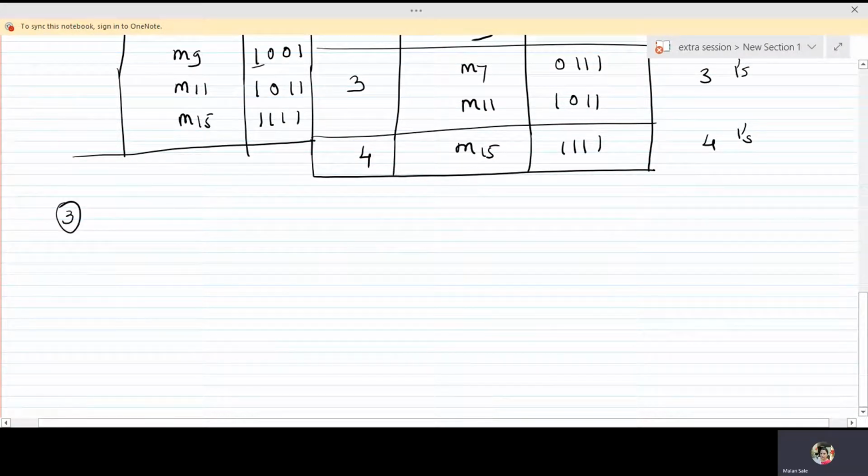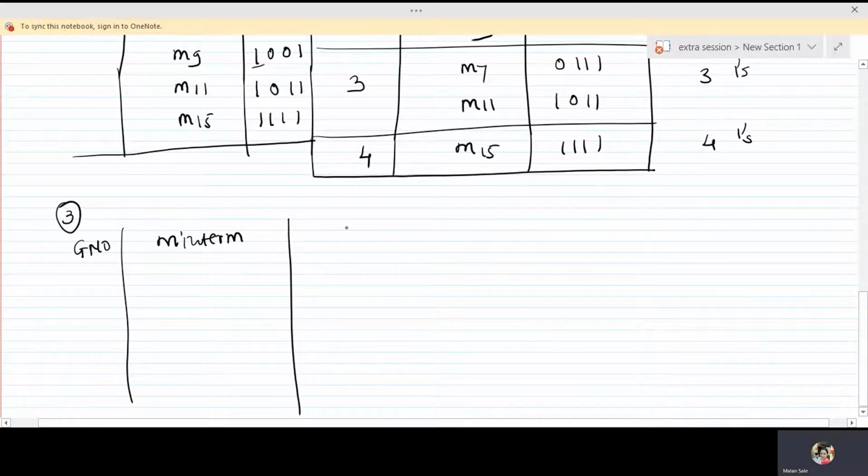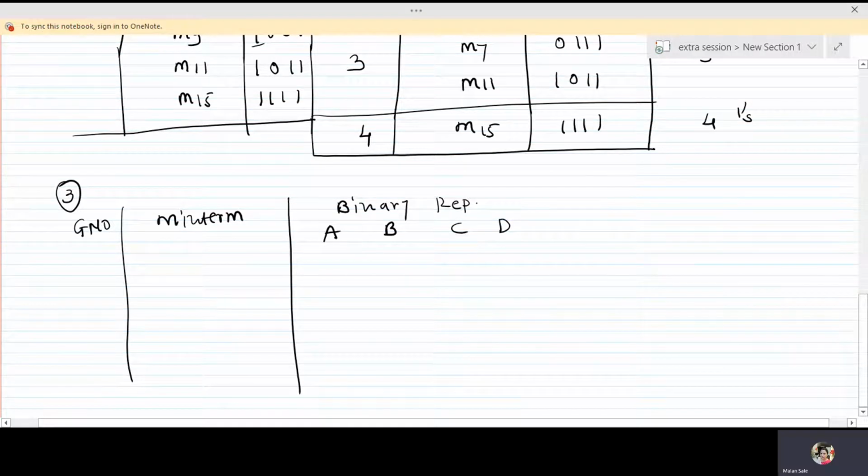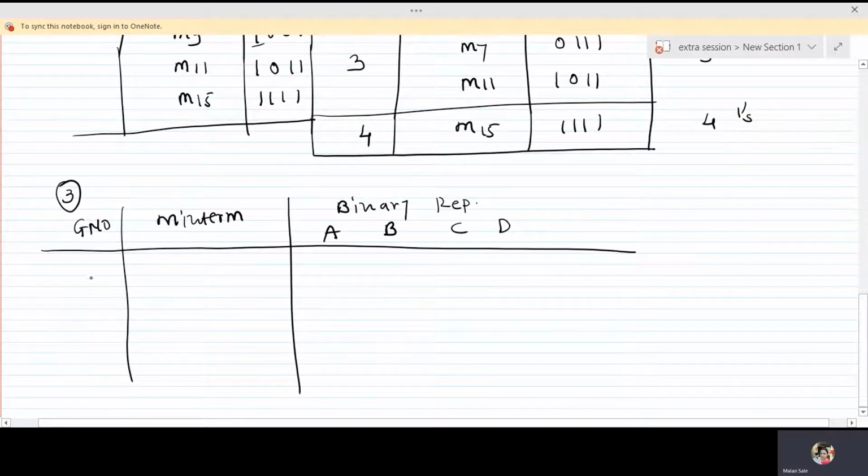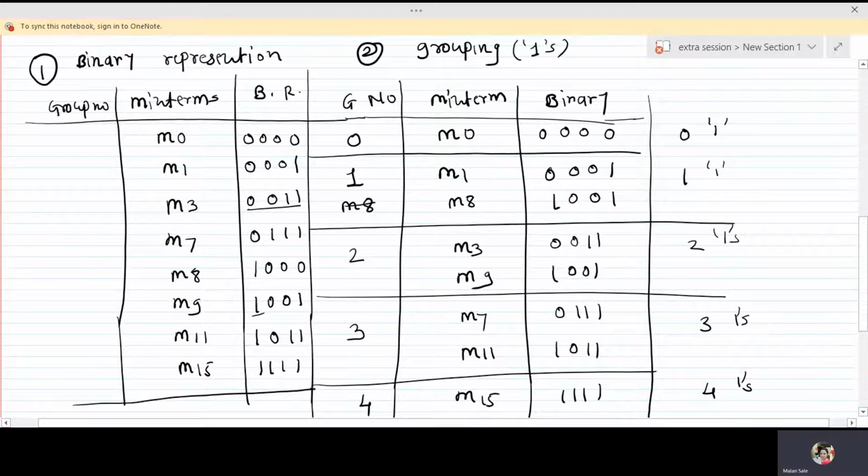Here we have the group number, then minterm pair, and binary representation of which is A, B, C, D. Now group number 0: select the minterm and compare with the next higher group, where one bit changes, replace that bit with a dash.